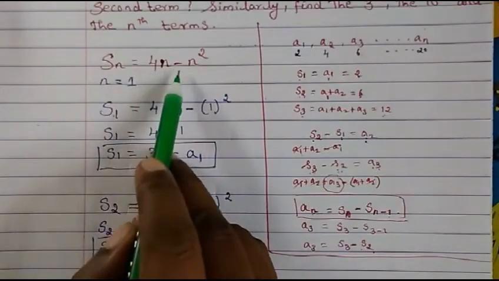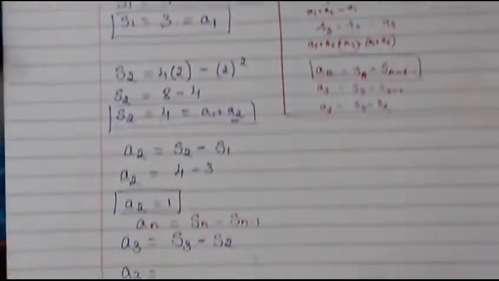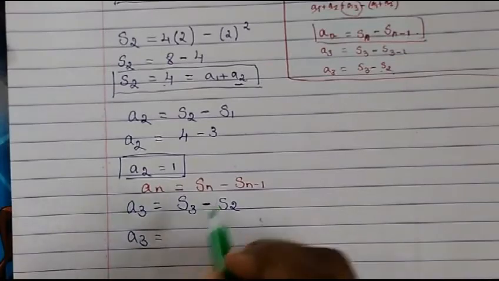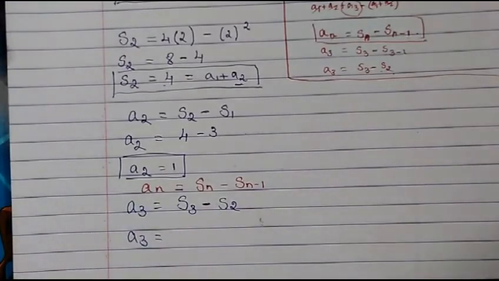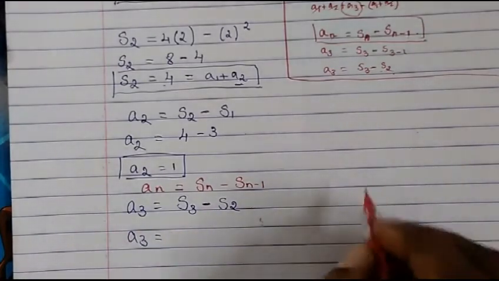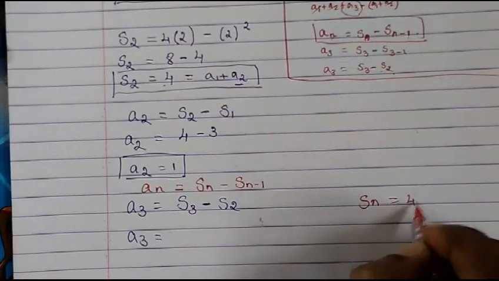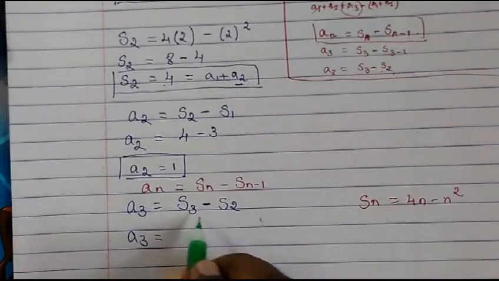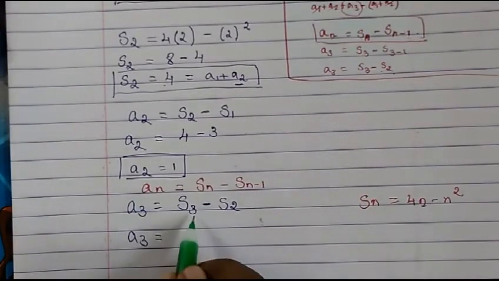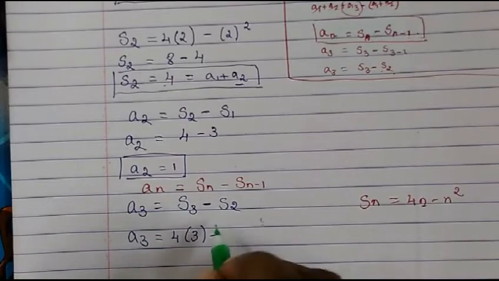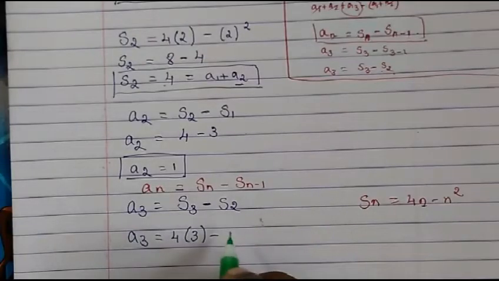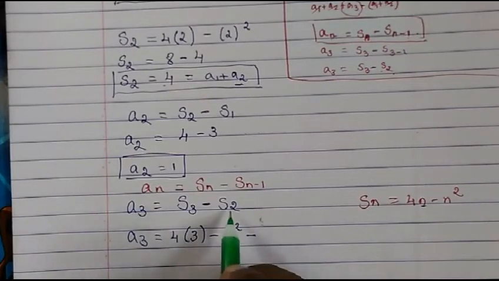Sn equal to 4n minus n square is given to us. So that is Sn. Let me write it down here: Sn equals 4n minus n square. In the place of n we now put 3. So 4 times 3 minus 3 square, minus S2.